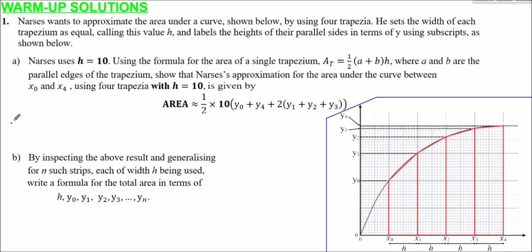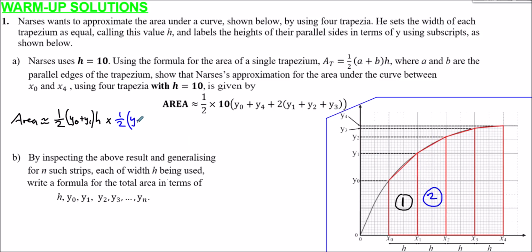So the area is going to be approximated by the areas of these 4 trapezia. So the first one is going to have an area of a half y0 plus y1 multiplied by h. Trapezium 2 is going to have an area, similar idea of course. So trapezium 2 is going to be a half. The 2 parallel sides for trapezium 2 are y1 and y2.